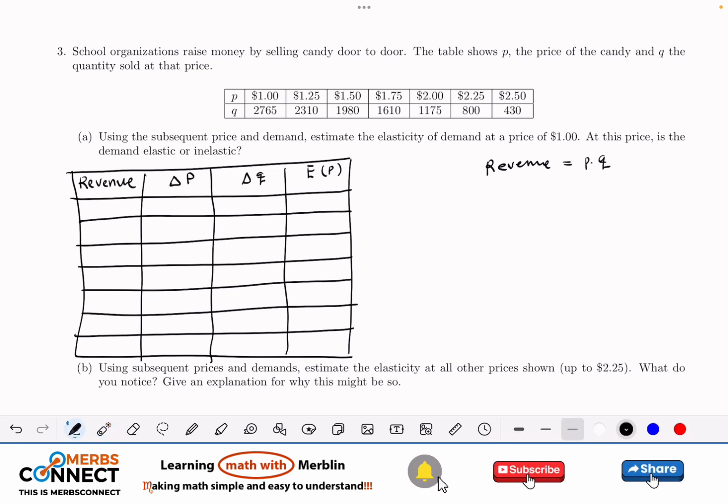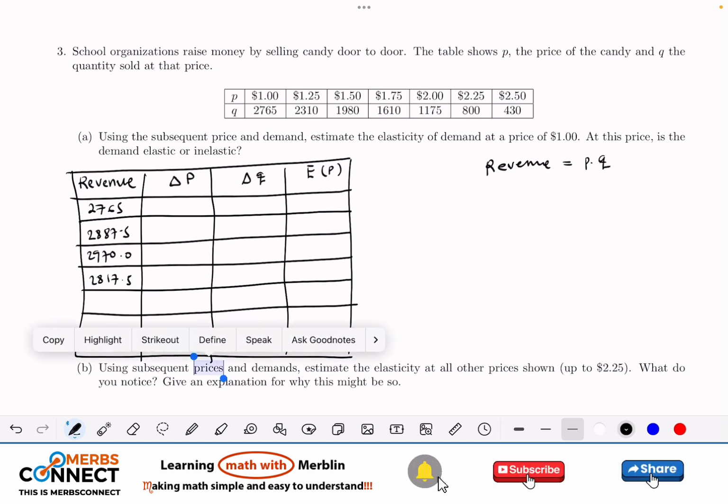So let's do that. What is this times this? We are going to get 2765. What is 1.25 times 2310? So I'll just try and fill them in: 7.5, and then we have 2970.0, 2817.5.